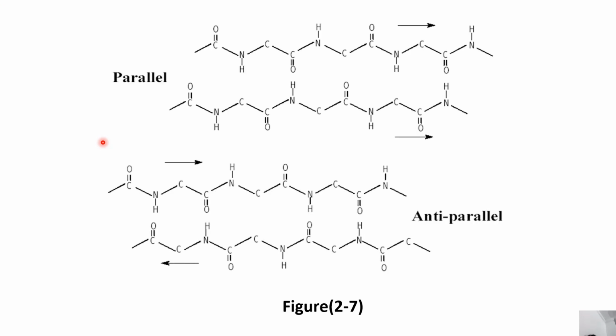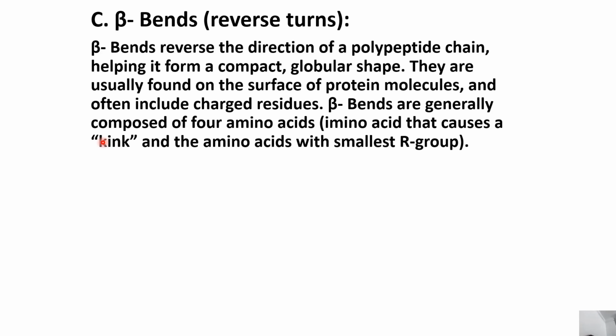So, parallel, antiparallel. So, what are reverse turns or beta bends? Bends reverse the direction of a polypeptide chain, helping it form a compact globular shape, right? They are usually found on the surface of protein molecules and often include charged residues.